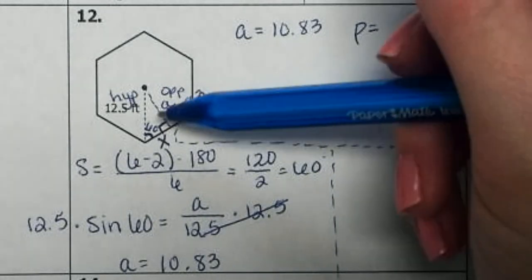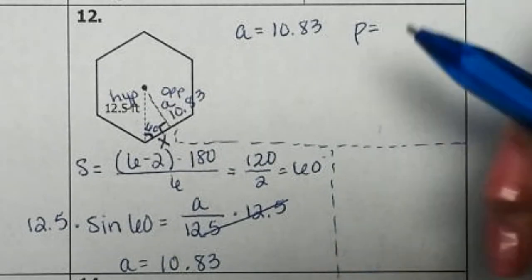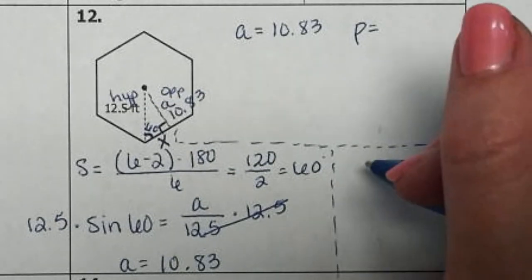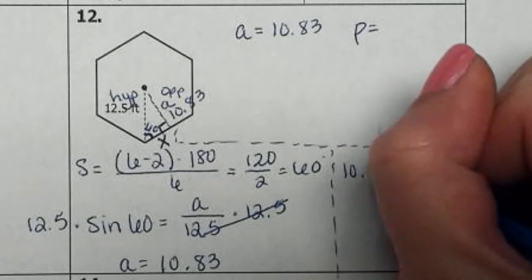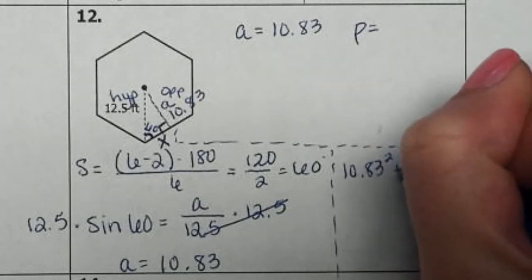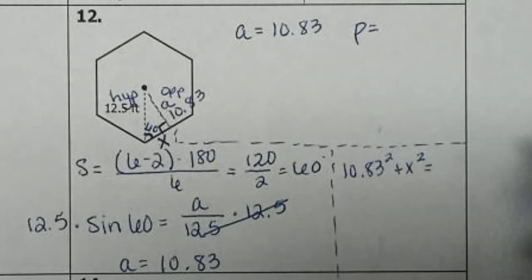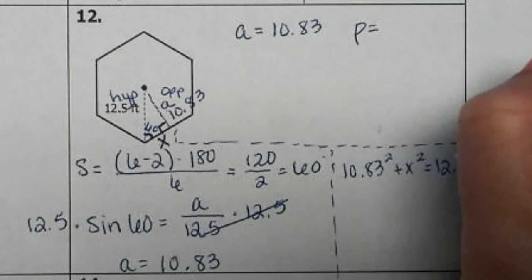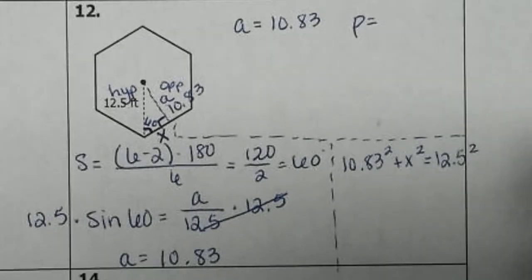Here's A, here's B, here's C. So A squared plus B squared equals C squared. I'm going to do 10.83 squared plus X squared equals 12.5 squared. Okay, you should know how to solve these types of problems. We've done plenty of them this year.